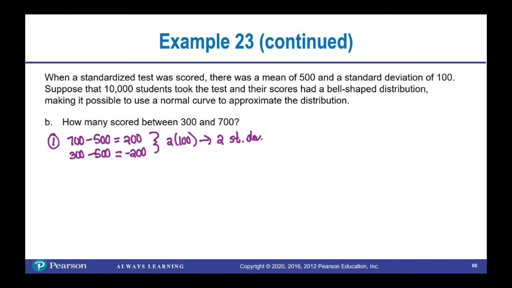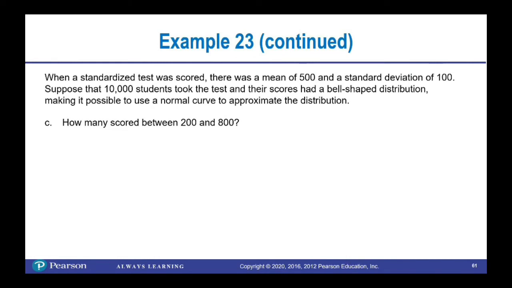Since the standard deviation was 100, 200 is 2 times 100, or 2 standard deviations. The percent associated with 2 standard deviations is 95%. Change your percent to your decimal. Move your decimal place 2 places to the left, gives us 0.95. There were 10,000 students who took the test, so I multiply by 10,000, and that gives me 9,500 students who scored between 300 and 700.